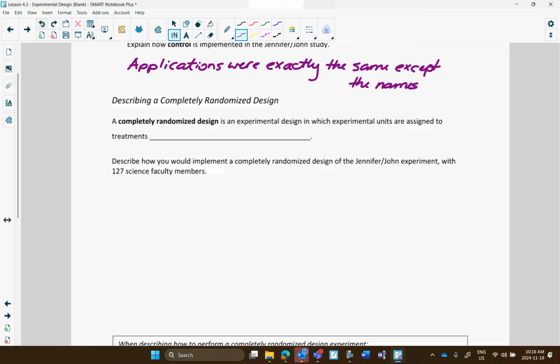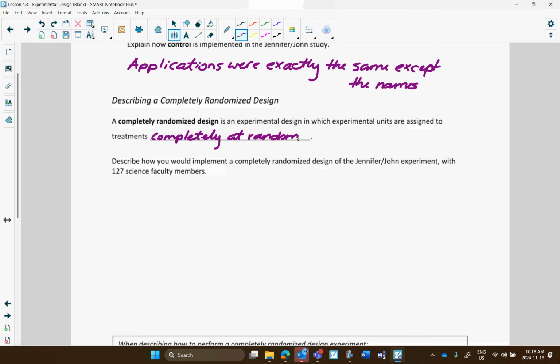So a completely randomized design is an experimental design in which the experimental units, or the individuals, are assigned to treatments completely at random. So you can be asked to describe a completely randomized design, and you want to have certain things in it.